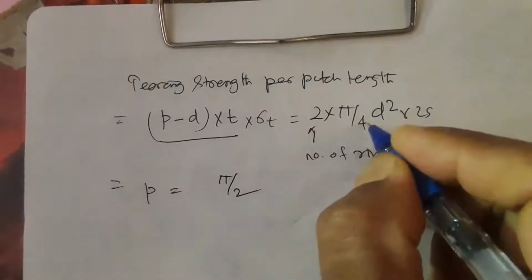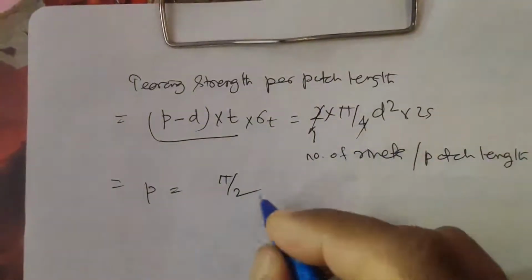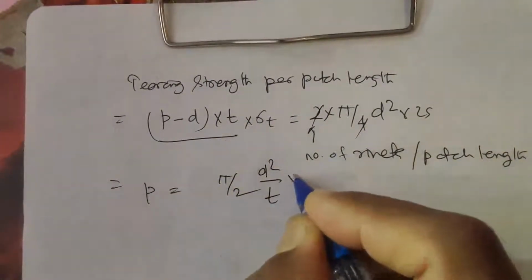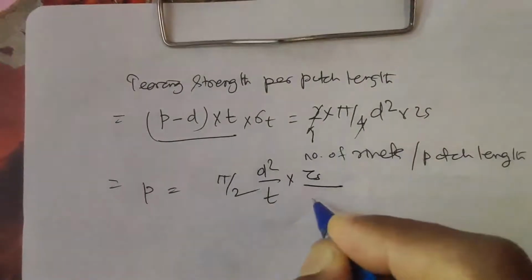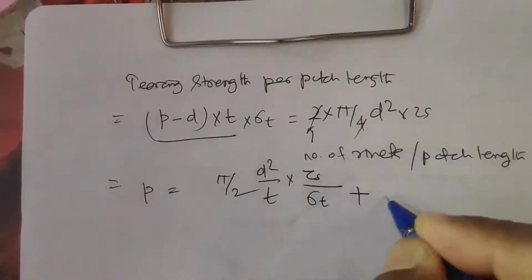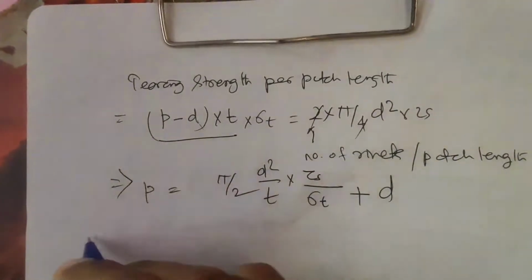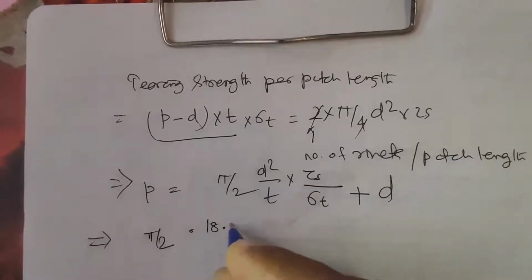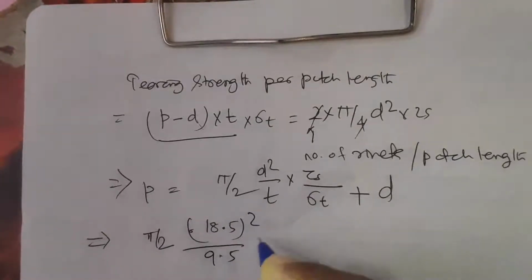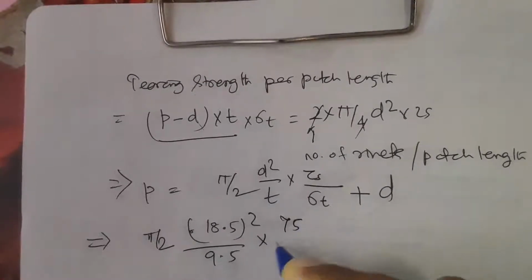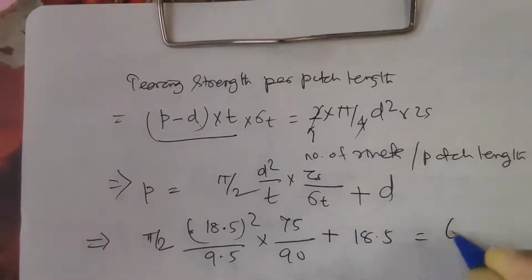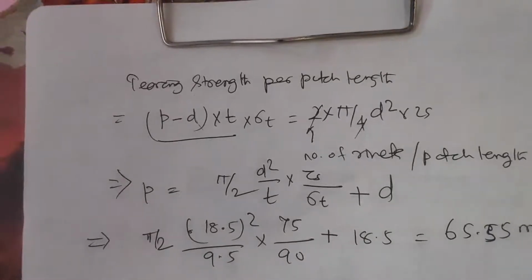So in this case P is equal to pi by 2 into d square divided by t, this t comes here, into tau s divided by sigma t, plus d, this d will come this side. So in this case we can say pi by 2 into 18.5 square divided by 9.5 into tau 75 divided by 90, plus diameter 18.5, and it is coming to 65.55 millimeter, right?